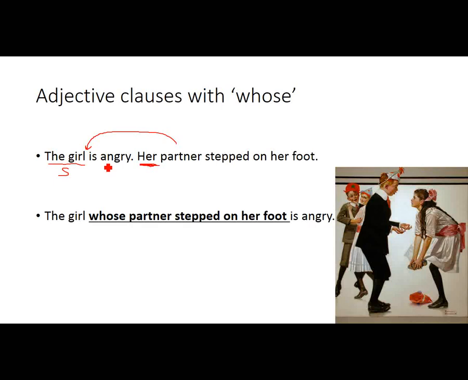The girl, whose partner stepped on her foot, is angry. So I have my subject girl, and is the verb, and my adjective clause right here. And that adjective clause needs to go right next to the noun that it describes. And the word her, we replace it with whose.